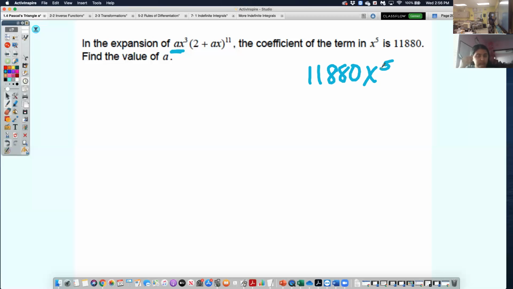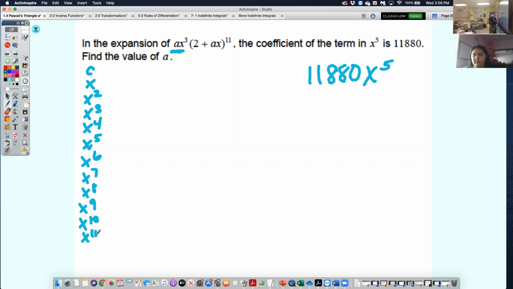So real quick, since x is on the b part of the binomial, remember the b exponents increase from 0. So remember, you have a constant, then x squared, then x to the 3rd, and so on and so forth. Okay?